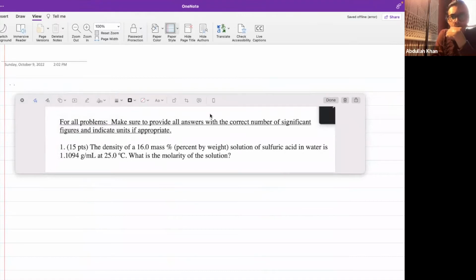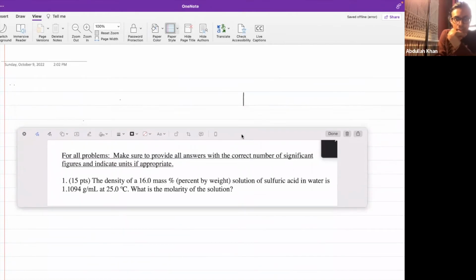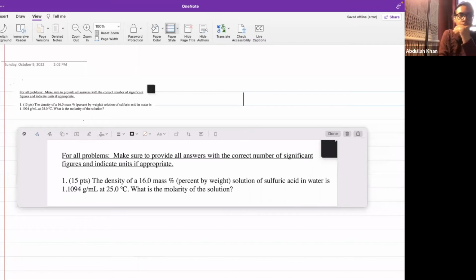Does anyone know how to copy and paste on Mac? I know how to do it in Windows, but since this is a new laptop, I have no idea. I know how to snip it, but how do I paste this? Command V. Okay, there we go. Thank you.